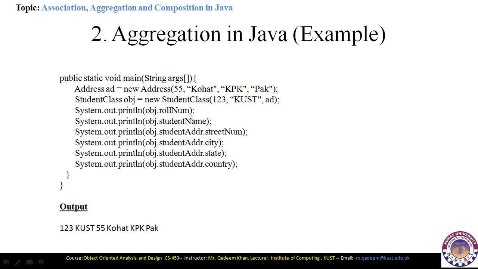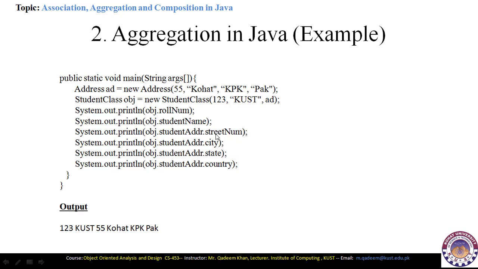Now System.out.println: obj.rollNumber, obj.studentName, obj.studentAddress.streetNumber. So here studentAddress.streetNumber. Now this statement will go into the previous class, Address, and street number is the parameter name.